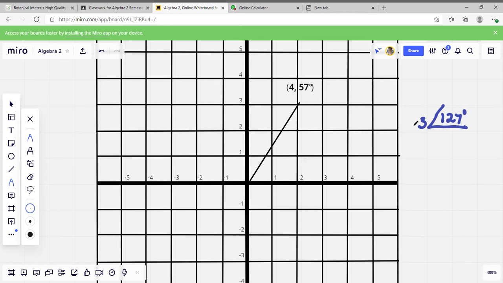All right, so that means it's going to be 3 long, but it has to be at 127 degrees. So if we go from here to here, that's going to be 90. If we go all the way down to here, that would be 180. So 127 is going to be about there. And then 3 long. So about that long. So it'd be somewhere like that. Okay?